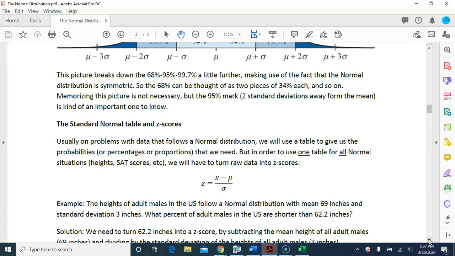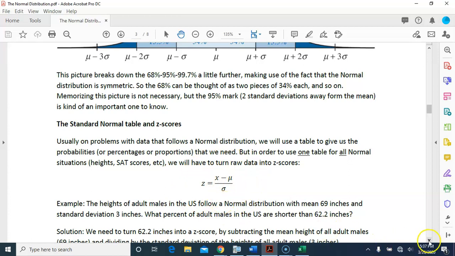If it's SAT scores and they follow a normal distribution, we get to use the same table. Even though the numbers representing people's heights are completely different than the numbers representing SAT scores, we can use the same table for all normal situations by turning our data into a z-score.